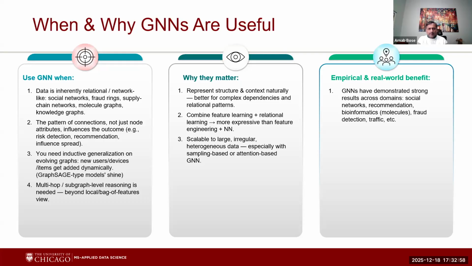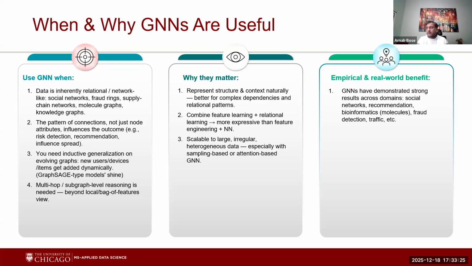And they matter, of course. I think we talked about why a lot. It's scalable. You can combine relational learning, good for patterns, right? And they have really demonstrated good outcomes across social networks, relations, traffic. And what I mean by traffic is not just road traffic, vehicular traffic, but even web traffic.